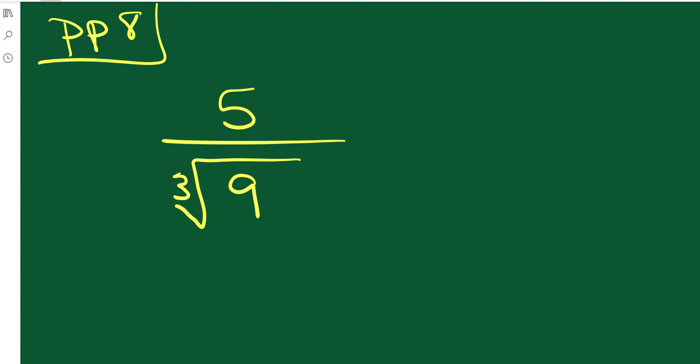We're going to change gears now because we're rationalizing a denominator with a third root in it. There are 2 ways of doing this, depending on what the denominator is in the radical. I could look at this and say this is really 3 to the 2nd power.